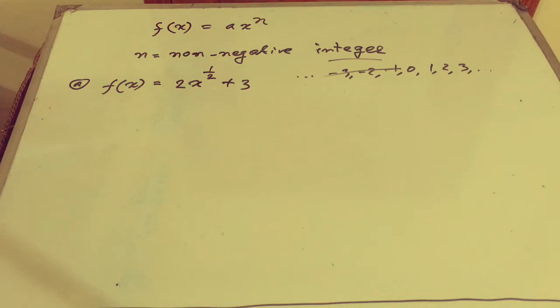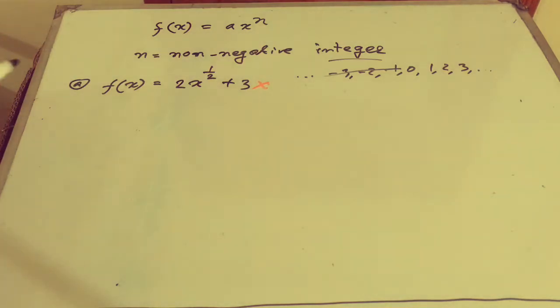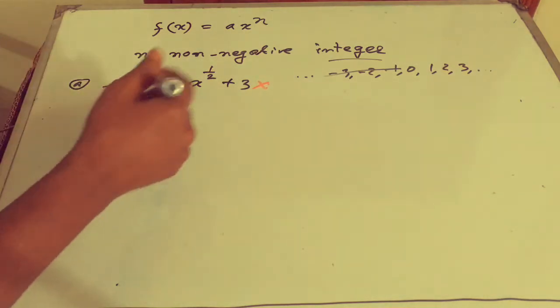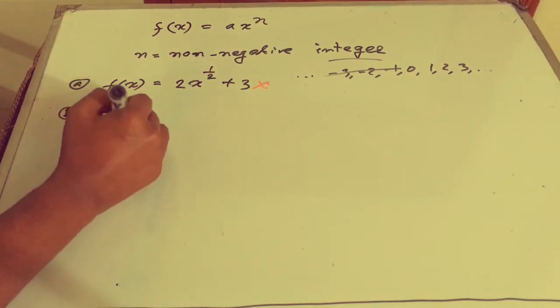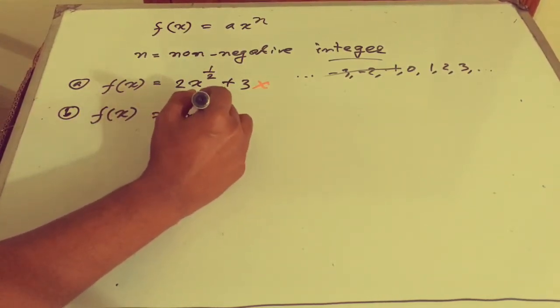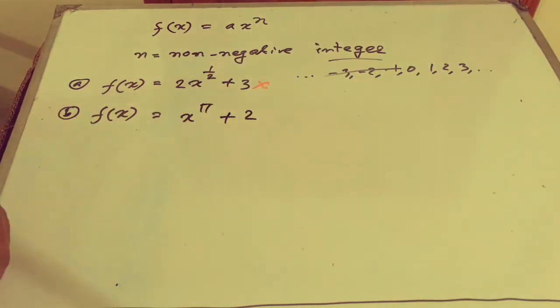So according to that definition, this is not an example of a polynomial function. Let's write f(x) = x to the power pi + 2. Now pi means 3.1416, so that is a decimal number.